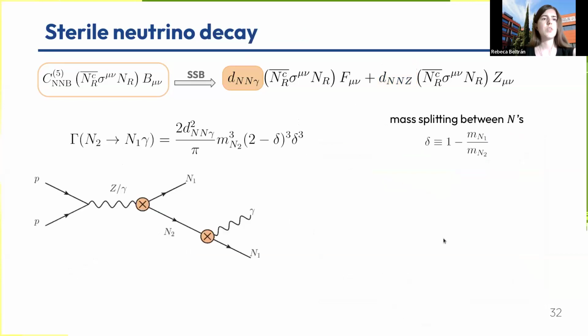And as regards the decay of the sterile neutrinos, this operator, as it is a transition operator, only allows the heavier N to decay.